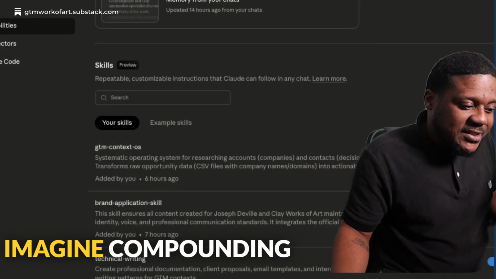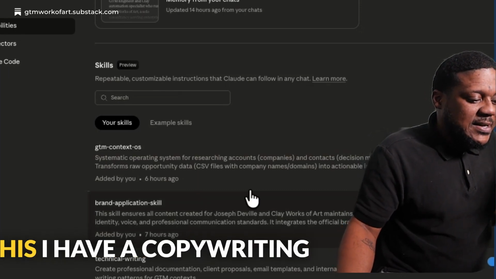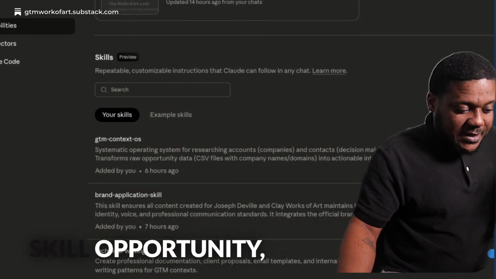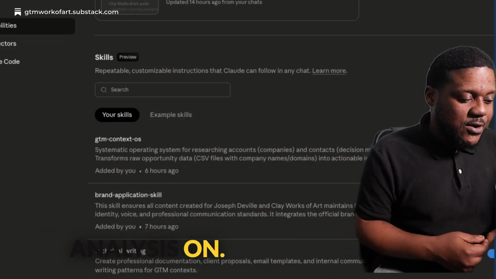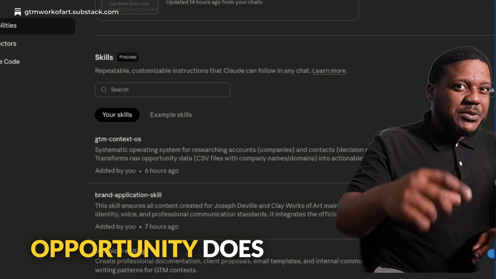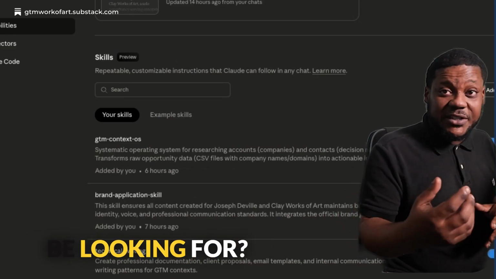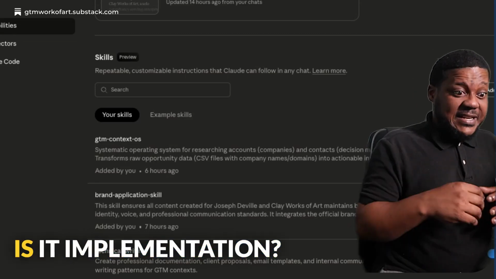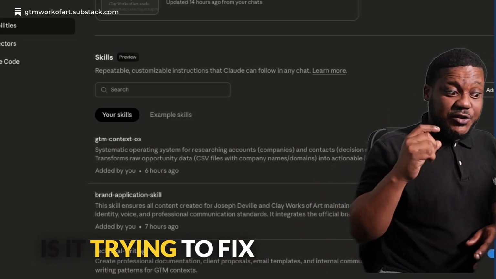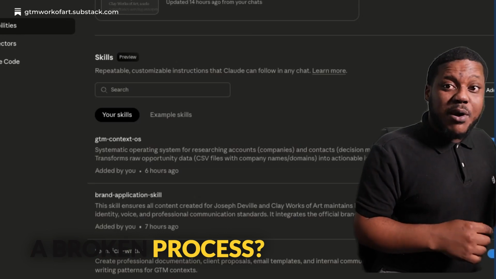So imagine compounding this. I have a copywriting skill, an opportunity intelligence skill that does a sentiment analysis on what kind of opportunity they might be looking for. Is it a contract, W-2? Is it strategy, implementation? Is it trying to fix a broken process?